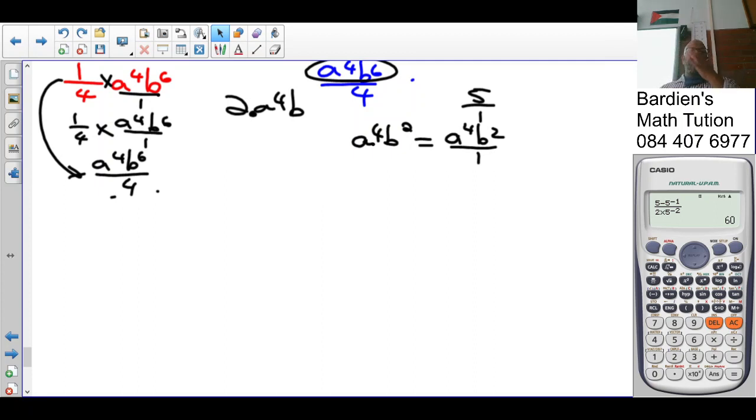Alright, so now we're going to look at mixed examples, okay? Mixed examples on page 15.